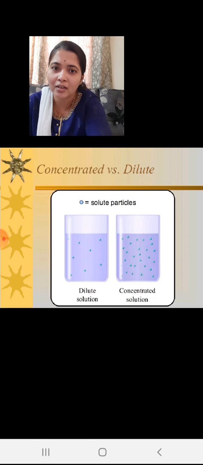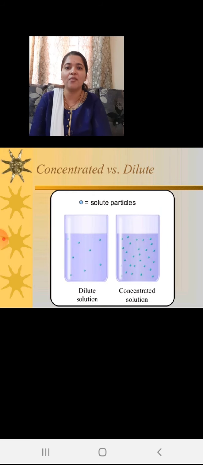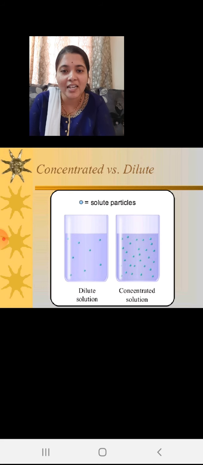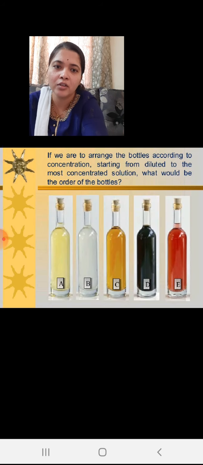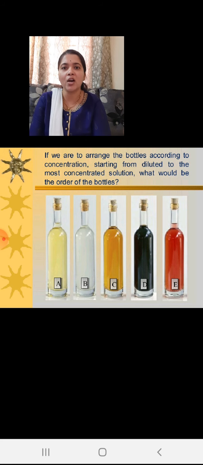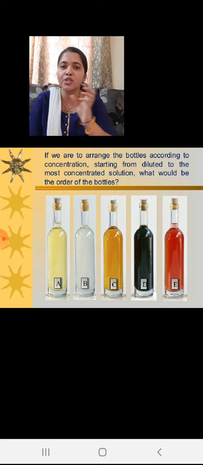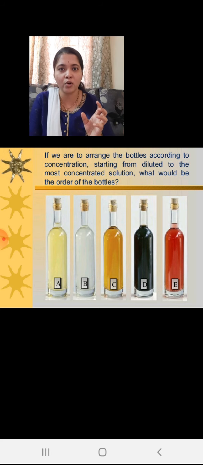So children, here I am showing the picture of dilute and concentrated. See, dilute will be of less solute, whereas concentrated will be of more solute. I am giving few bottles here. You have to arrange them from the dilute solution to concentrated. How does it become more concentrated? By adding solute.